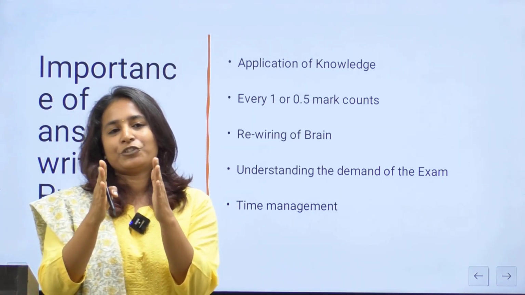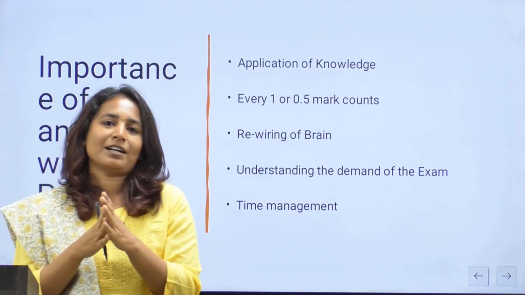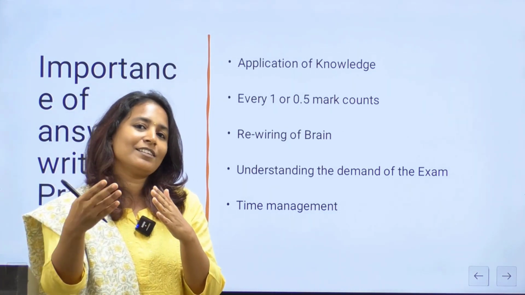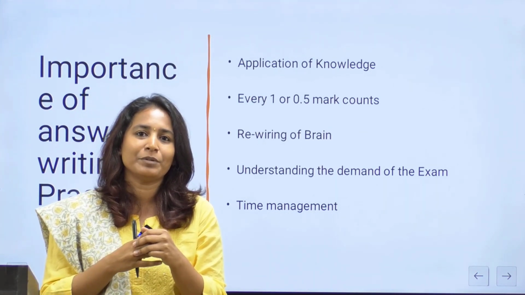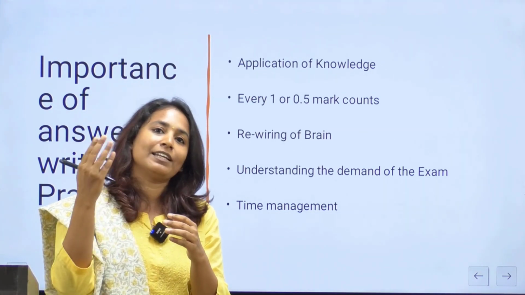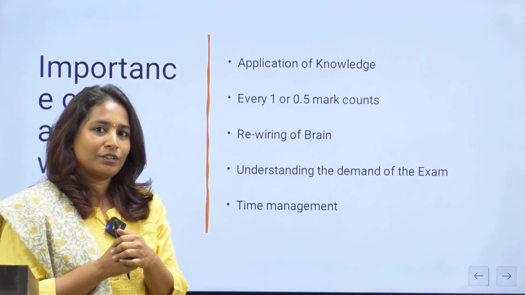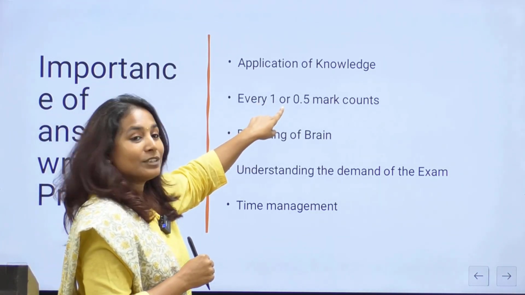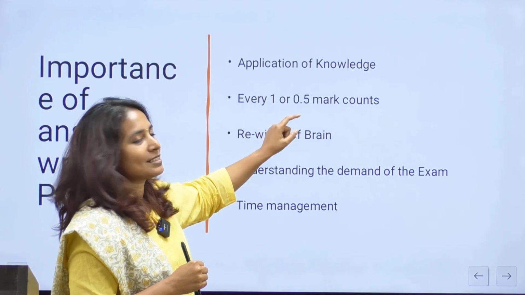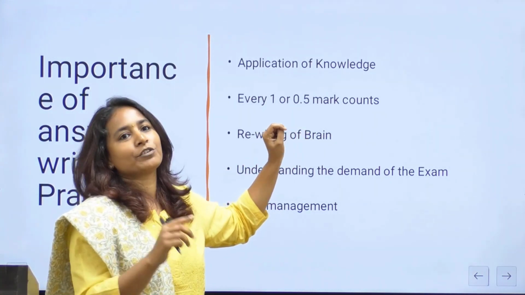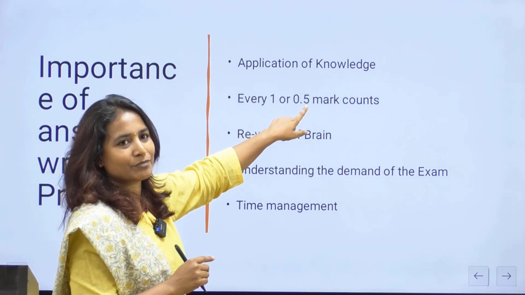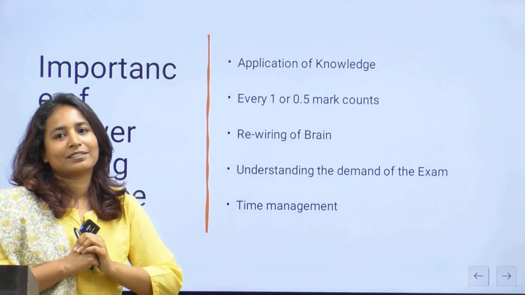And this differentiator of 10 to 20 marks can get you in the list or outside the list, the final list after the mains, or even the final list after the interview. So don't think that what will 1 mark do or what will 0.5 mark do. Either you are in the list or out of the list because of this. Okay?